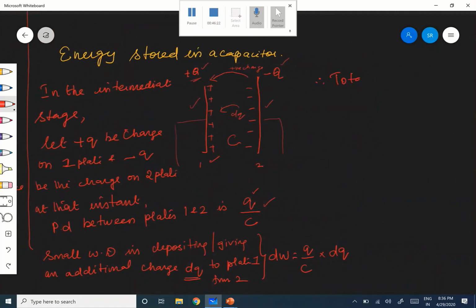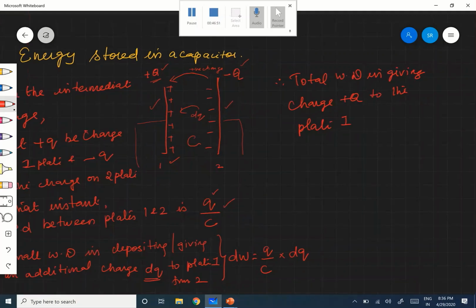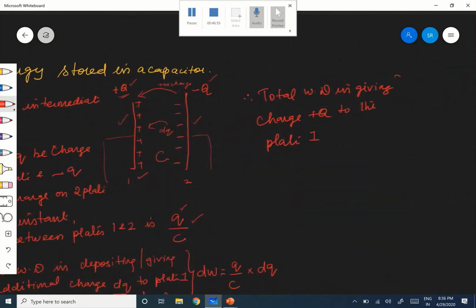Therefore, the total work done in giving charge plus Q to plate 1 is W, which is the integral of dw, that is the integral of q by C dq.